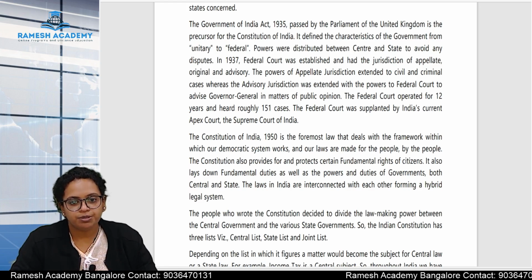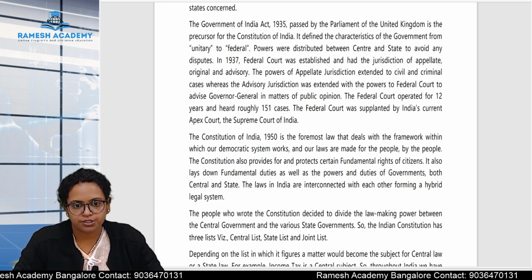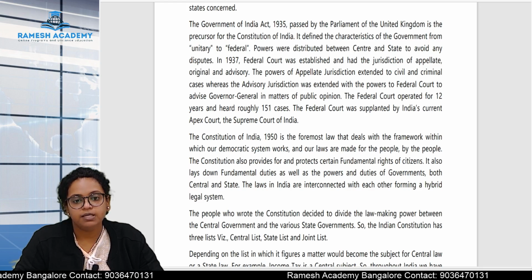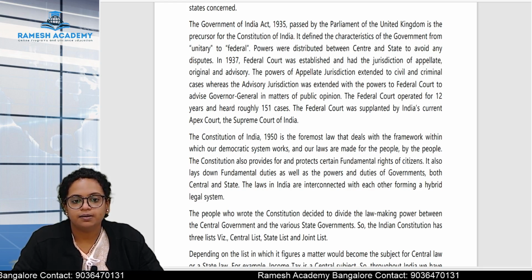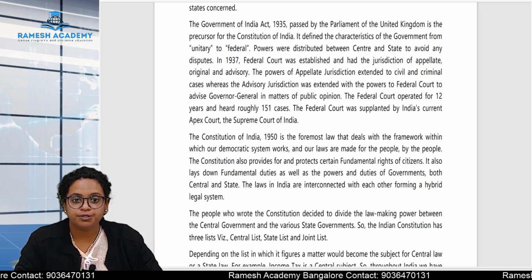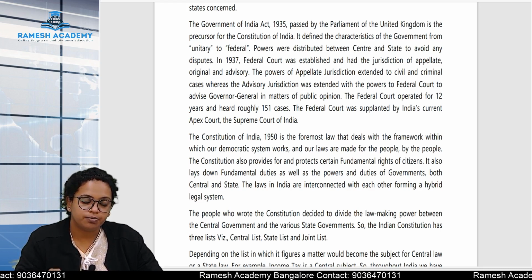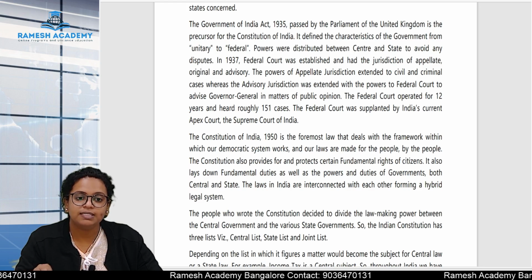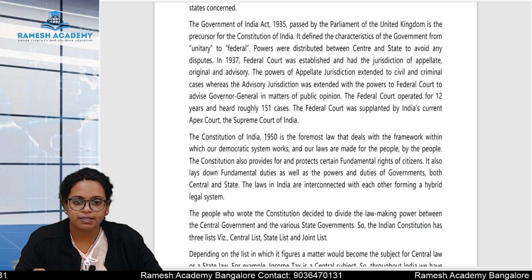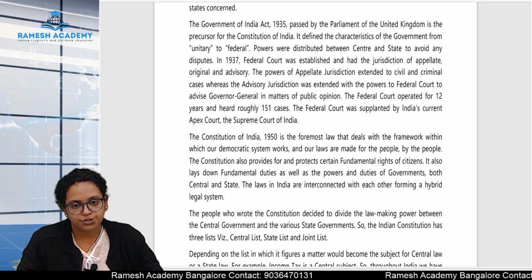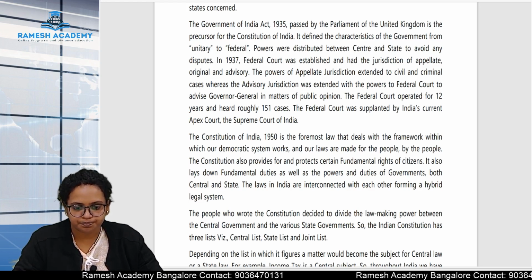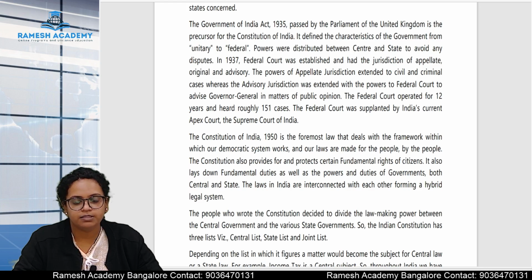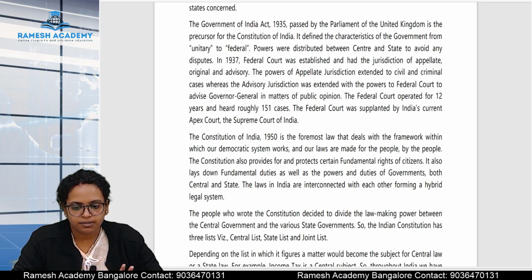On a day-to-day basis it becomes very difficult for the decisions to be made by the head of the company. So that's why they have distributed the powers to different departments, so that it becomes easy for the departmental head to take the decisions on a day-to-day basis. Just like that, we have the center and the state divided powers.